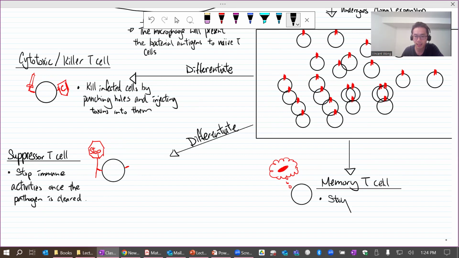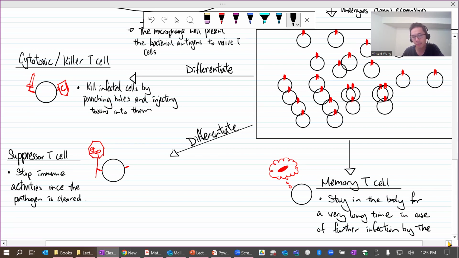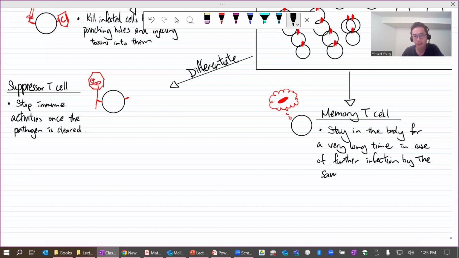So they stay in the body for a very long time, right? In case of future infection by the same pathogen, same bacteria, same virus, whatever you have.